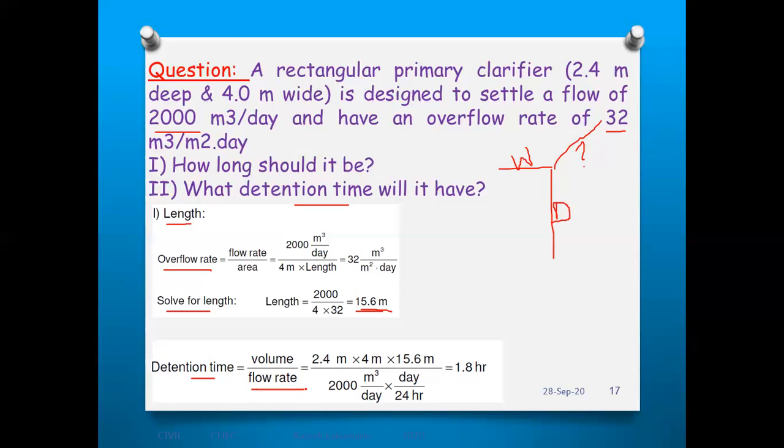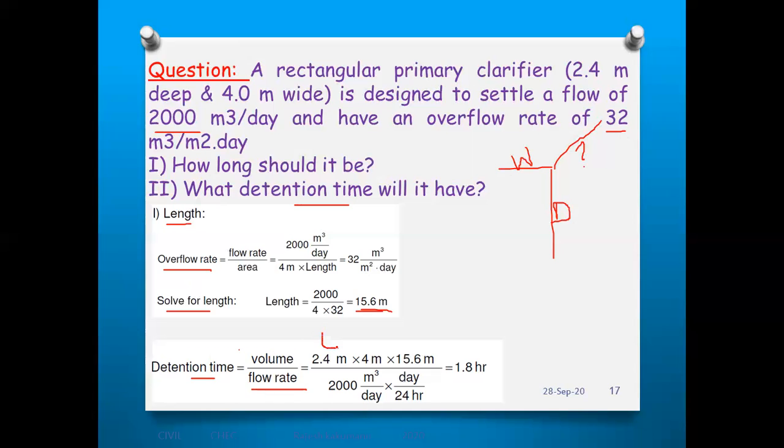So these formulas మీరు ఈ particular topic you have to learn by heart or you have to understand. Overflow rate is equal to flow rate by area, detention time is equal to volume by flow rate. Then what is the volume here? Length into breadth into height, right?